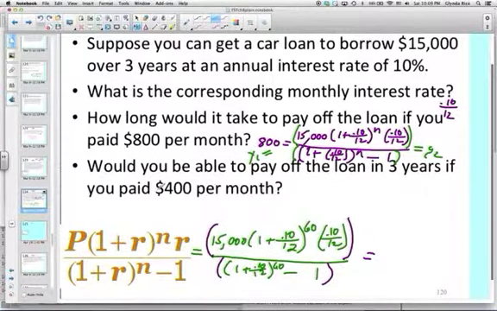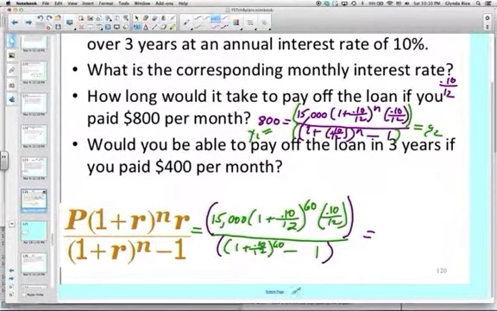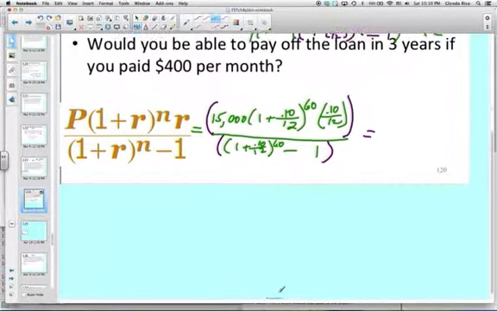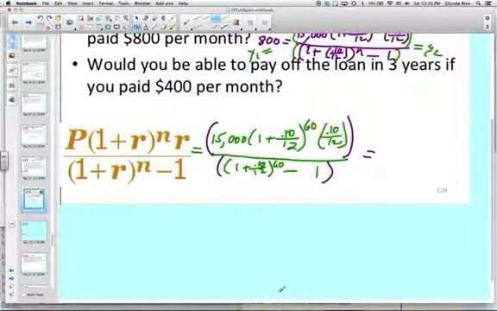Then the next question is, would you be able to pay off the loan in 3 years if you paid $400 per month? And let's go down below. So you want to be able to pay $400 per month. So now you have black ink. $400 is your monthly payment.